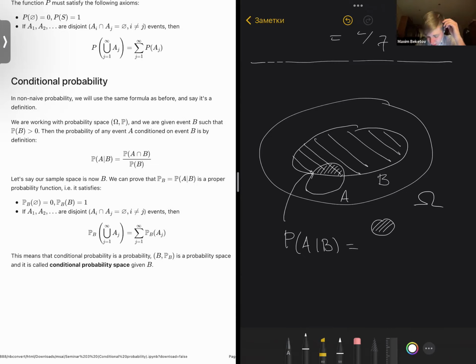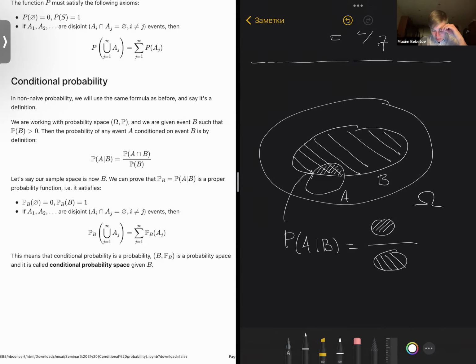And B includes this intersection, right? So to the area of B. And since B is smaller, you divide by P of B to renormalize probability.